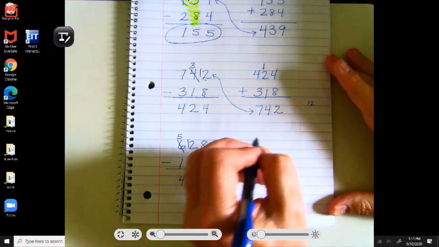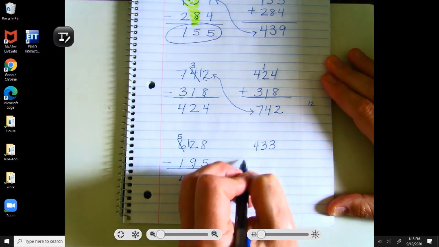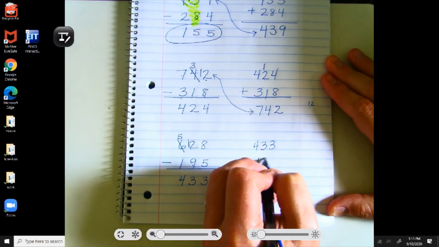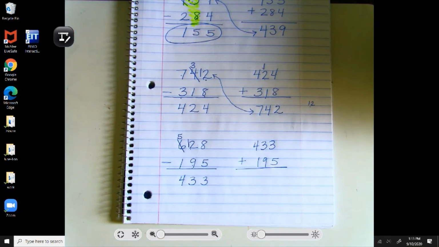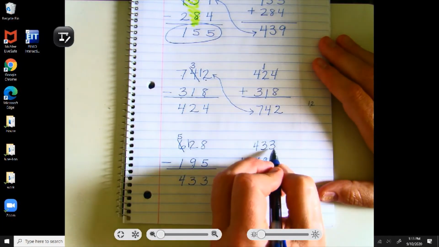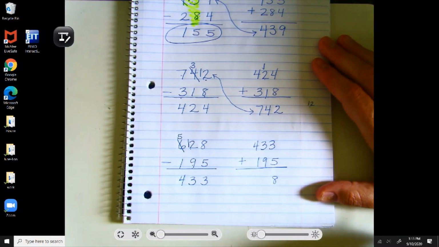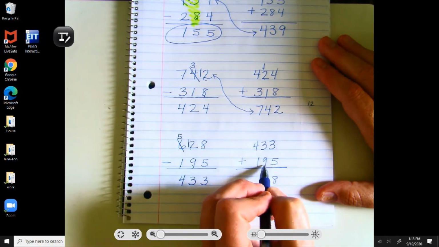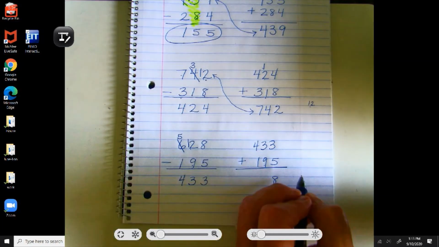Let's check and see if that's correct. So part 433 plus part 195. Oh, let's see if that equals the whole 628. 3 plus 5 is 8. 3 plus 9 is 12. I'm going to jot that down again.